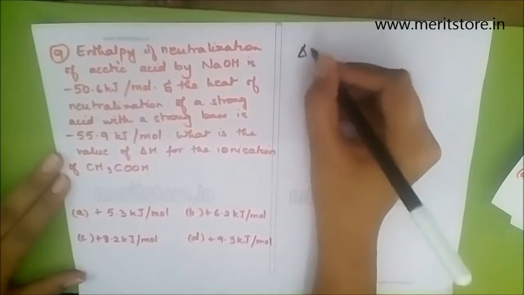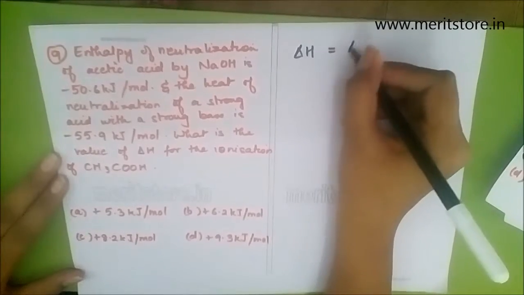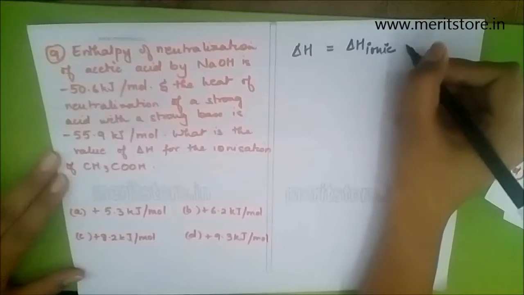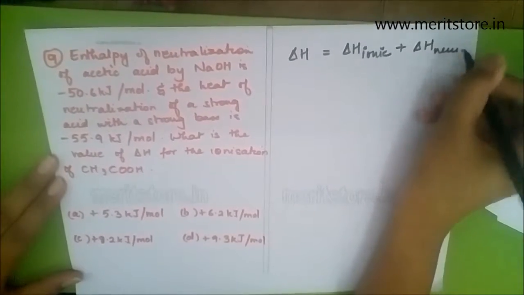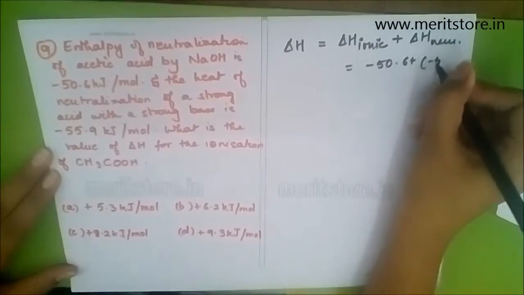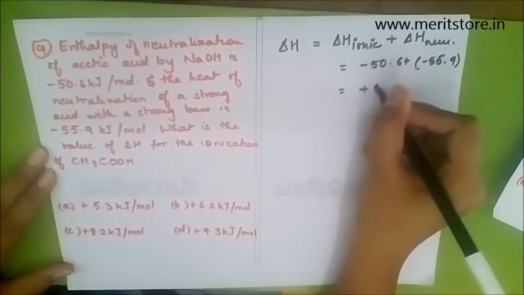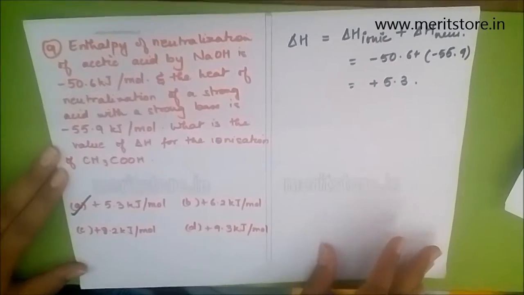Now here delta H of neutralization is given by delta H of the ionic state plus delta H of the neutralized state, which is minus 50.6 plus 55.9, which gives the value of 5.3, and the correct option is A, that is plus 5.3 kilojoules per mole.